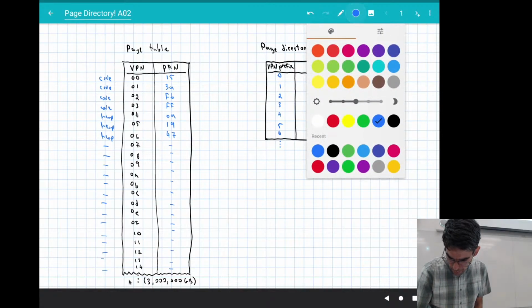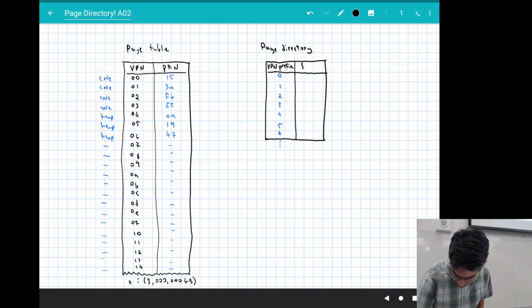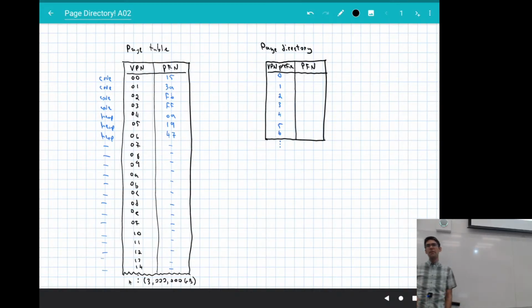On the right side of my table, these are going to be physical frame numbers. And what these physical frame numbers are going to represent is where you need to go to find page table entries for virtual page numbers that start with this digit.